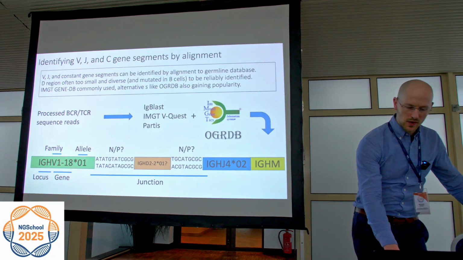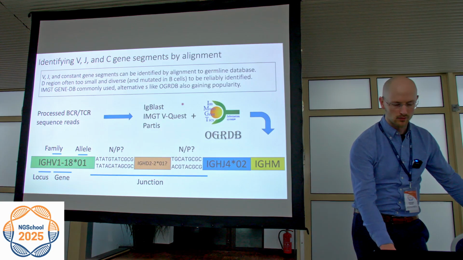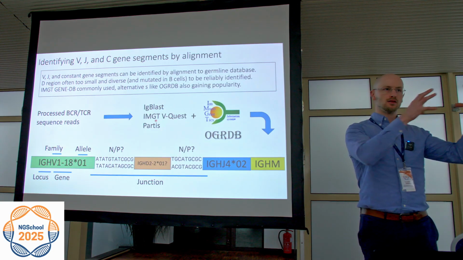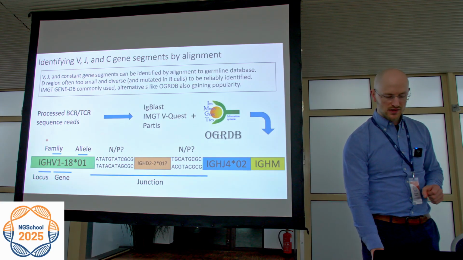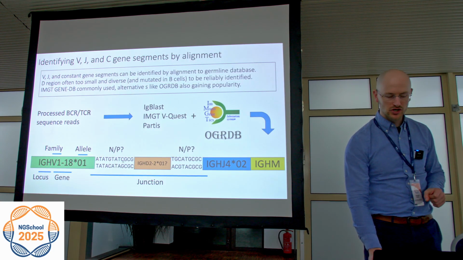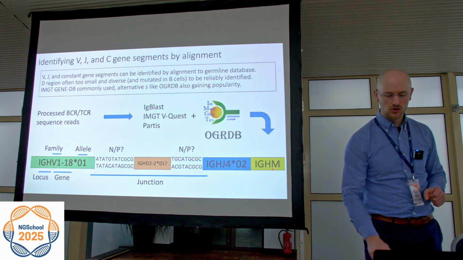And basically, you combine these germline gene segments with programs that align your sequence to those sequences. And you can then use that information to tell which V gene, which J gene, and which constant region your sequence uses.